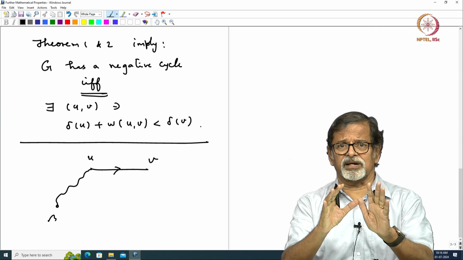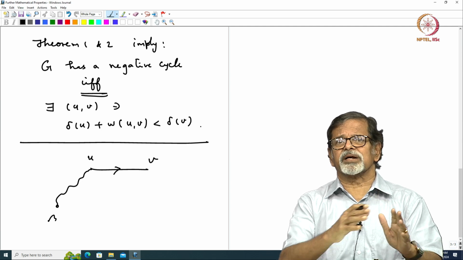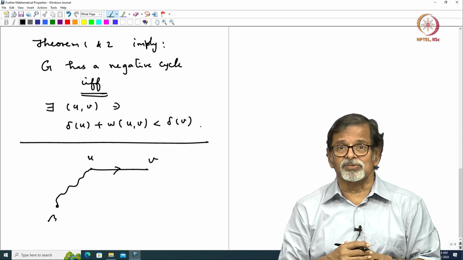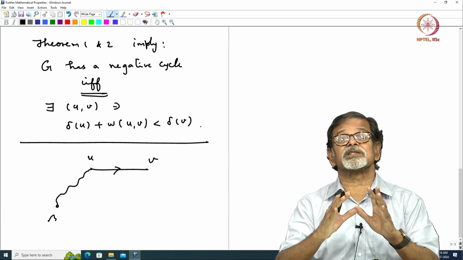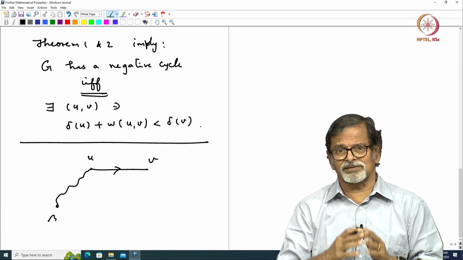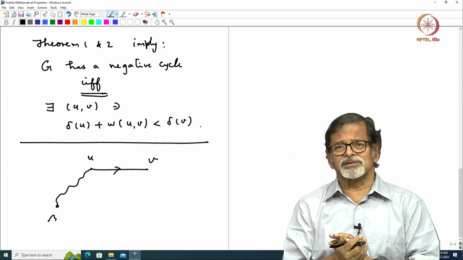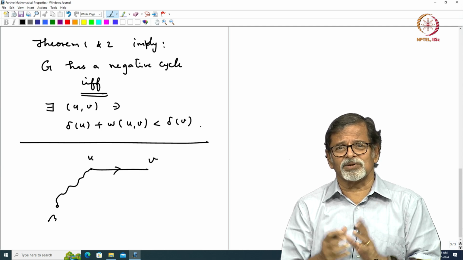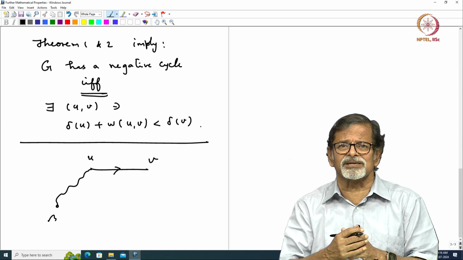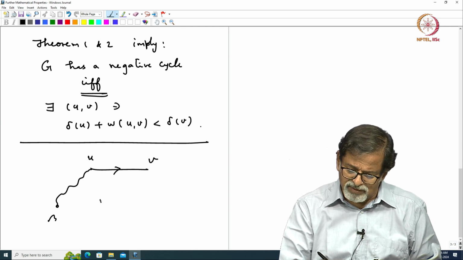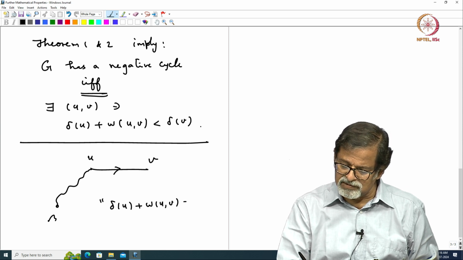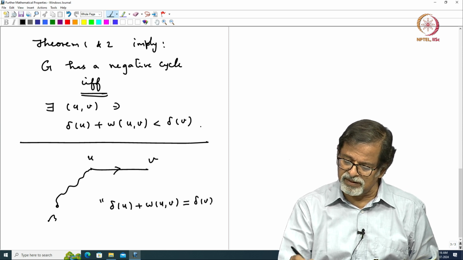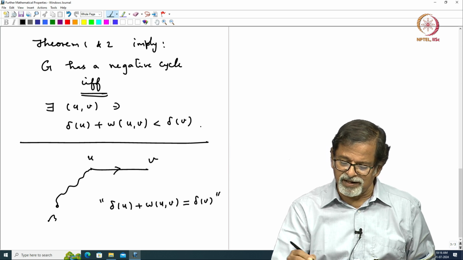Just a common sense thinking. You will not wander around and reach u. The way in which you would reach u from S must be a shortest one. Ideally, this is what you would expect. So, you would expect a relation like delta u plus weight of uv is equal to delta v, kind of a relation.